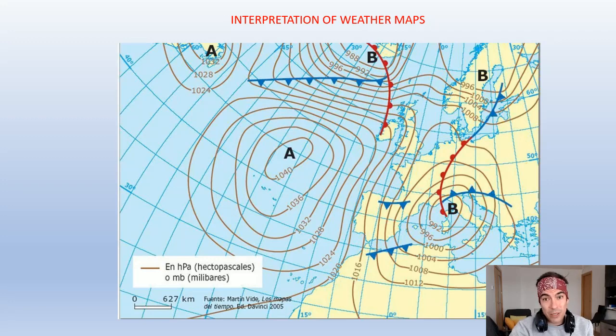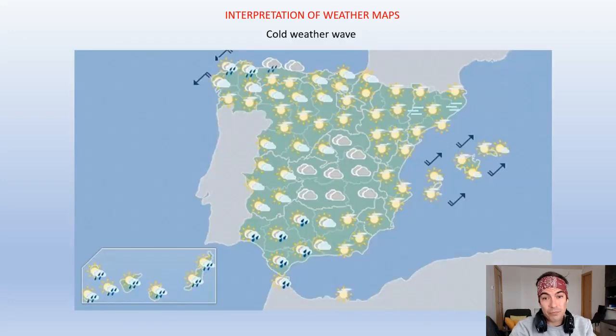So what can we expect from this? A cold weather wave, una ola de frío. Why? You have to notice that even though it's a cold weather wave, it doesn't mean that it has to be cloudy or rainy. Okay, it can be sunny, but the temperature is low.